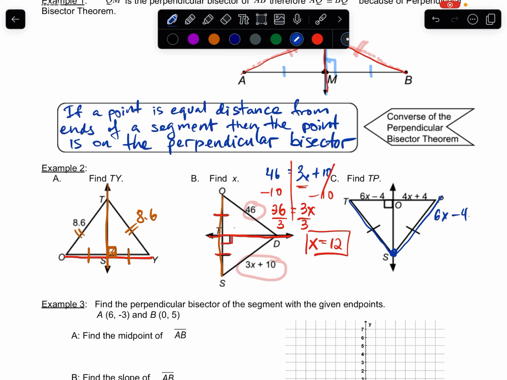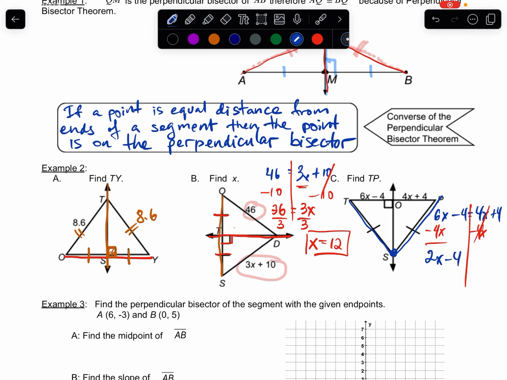And let's write the equation. We know that 6x minus 4 must be equal to 4x plus 4. Okay, so let's write my line down the middle. I like to move my small x over to my big x right here. So that's gone.